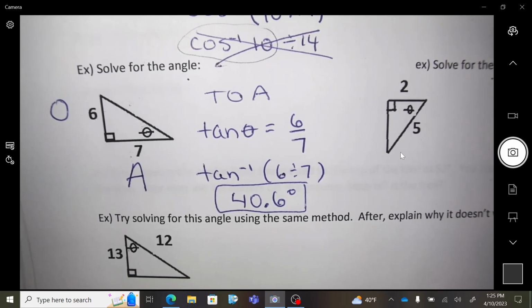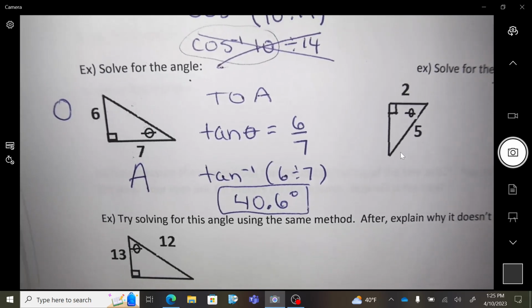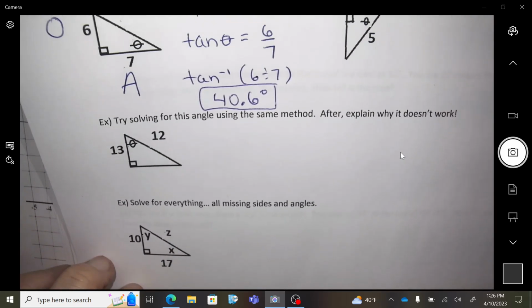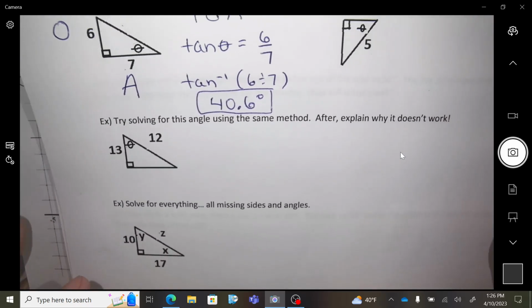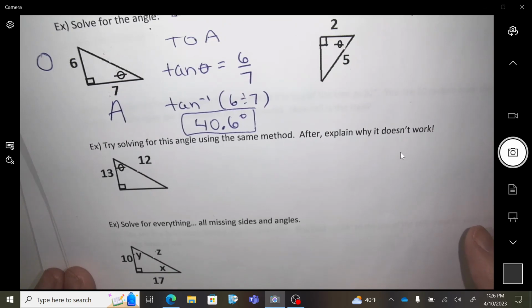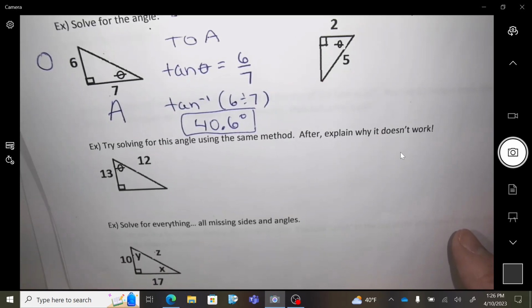I'm getting 40.6. Yeah? Anybody match my answer? Yeah?